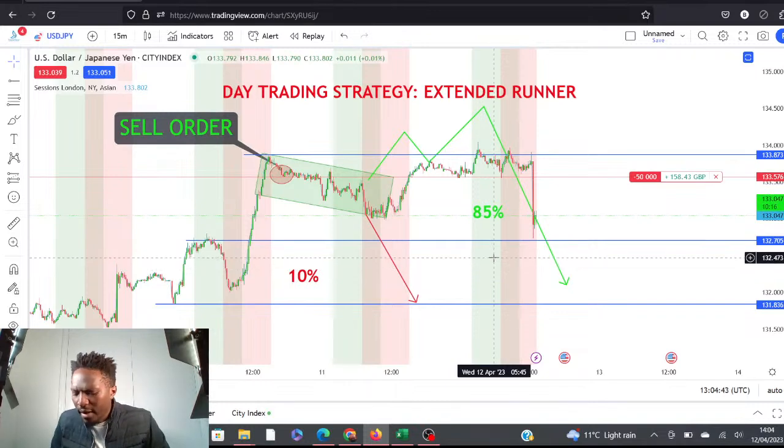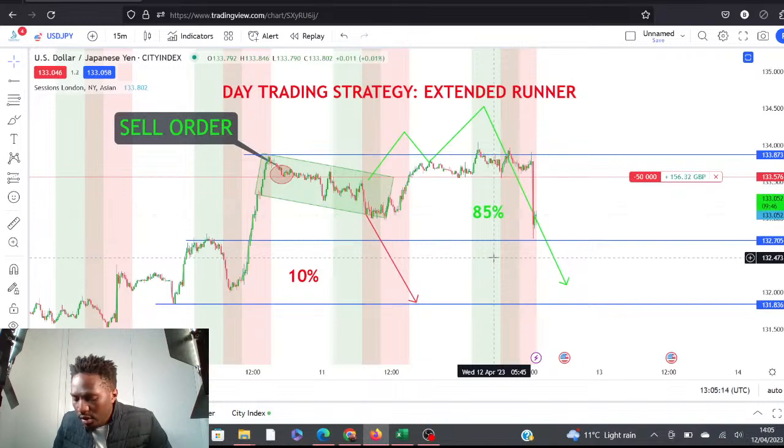As a matter of fact, I'm going to check what the news announcement was. It came out. So on the calendar at 1:30, CPI, US dollar CPI came out worse than what was predicted.